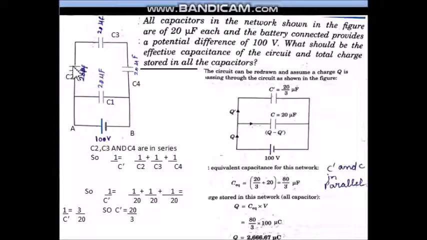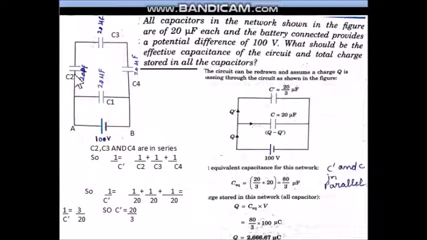Suppose Q dash part is entering here. The charge will continue flowing through C3 and the same charge will continue flowing through C4. That means whatever charge has entered C2 will flow in C3 and in C4.